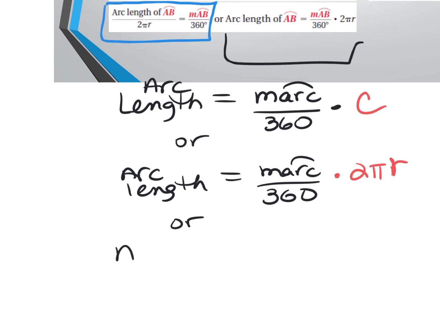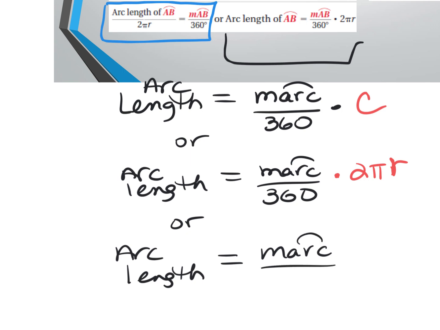Let's say they gave us a diameter. So still arc length, or length of the arc, is equal to measure of the arc in degrees divided by 360. And let's say this time they gave us a diameter. So then instead, I'm going to do pi d here.